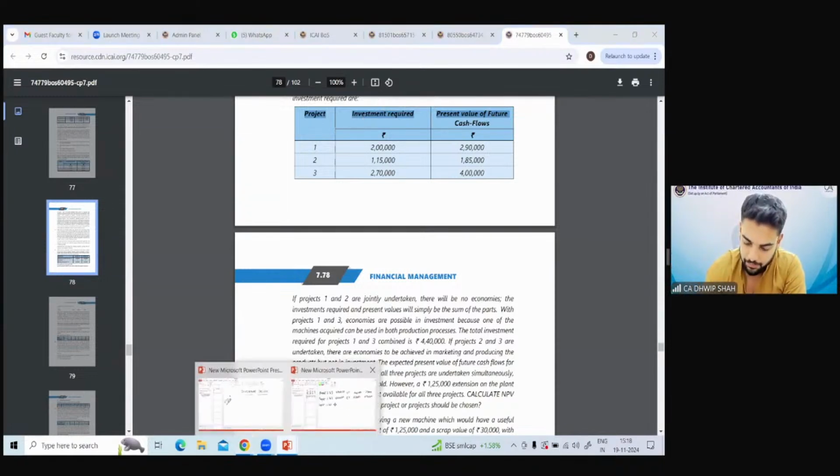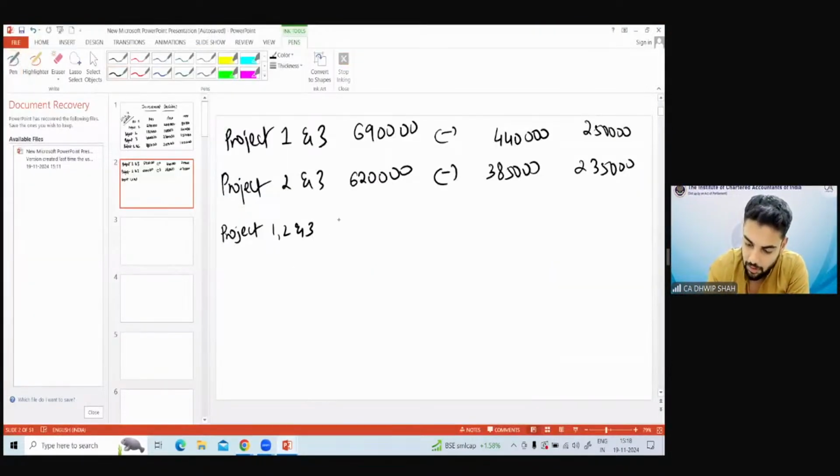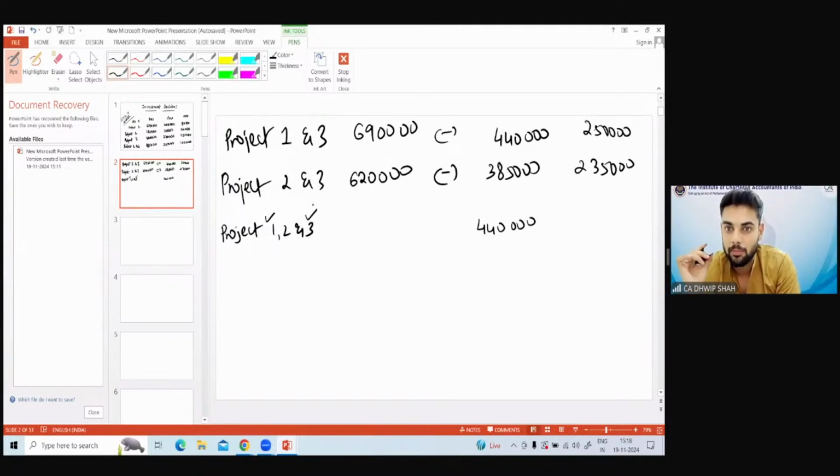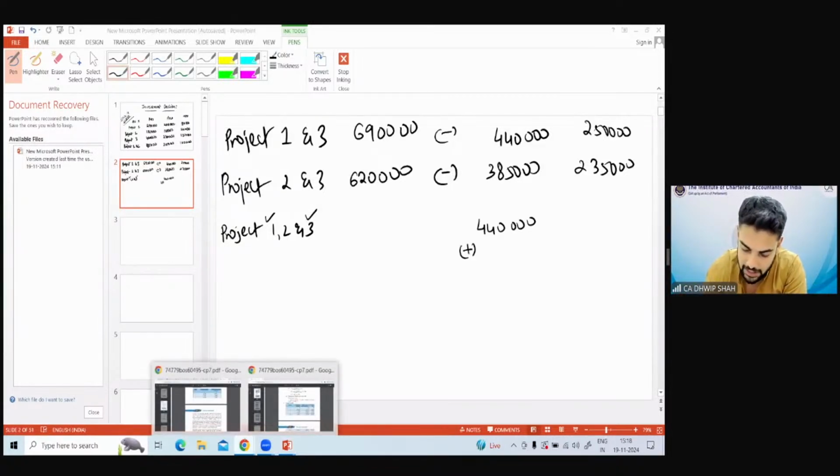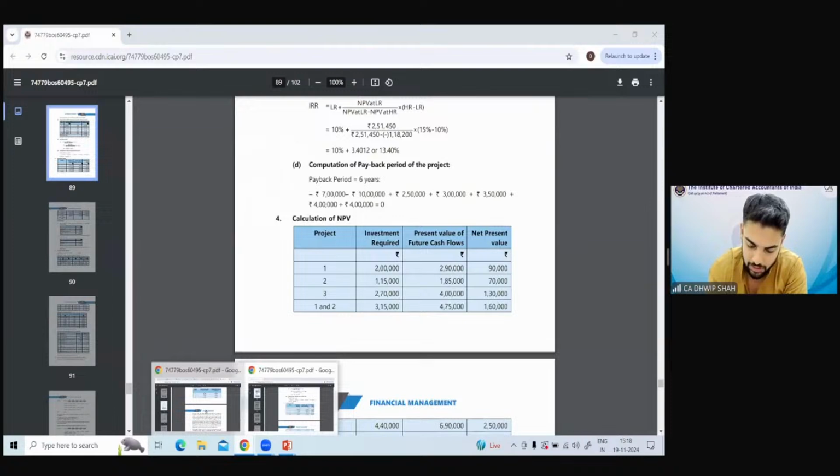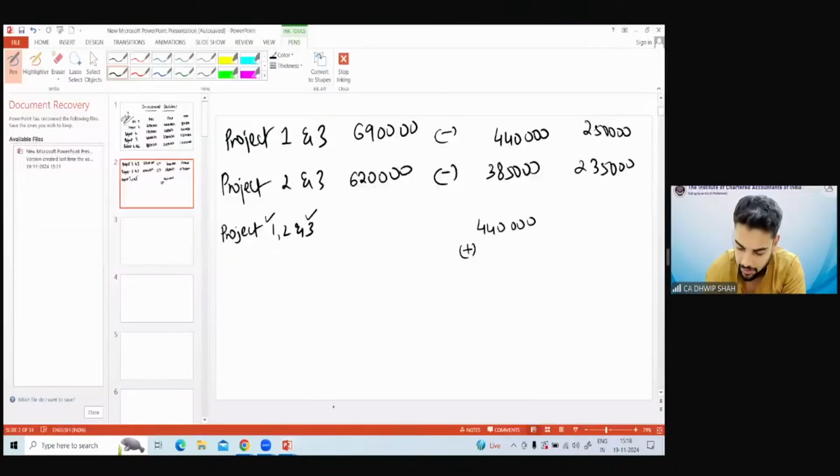So when 1 and 3 was taken together, can I say my investment was 440? Correct. There was economies in investment. So I just here need to add the investment cost of project 2, which is how much? 115.